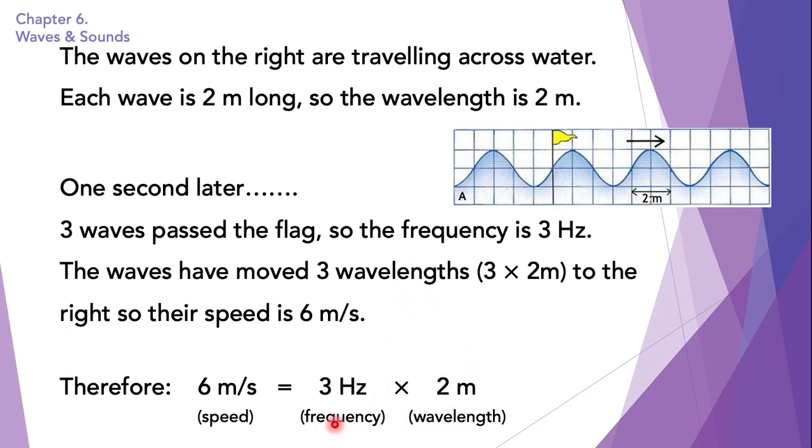And if we hide the frequency, which means that we want the frequency, then we get speed divided by wavelength. And if we want speed, we multiply frequency with wavelength. So we can think about that triangle whenever we have to rearrange this equation in order to find another value, wavelength or frequency. So I hope you have understood the wave equation well.